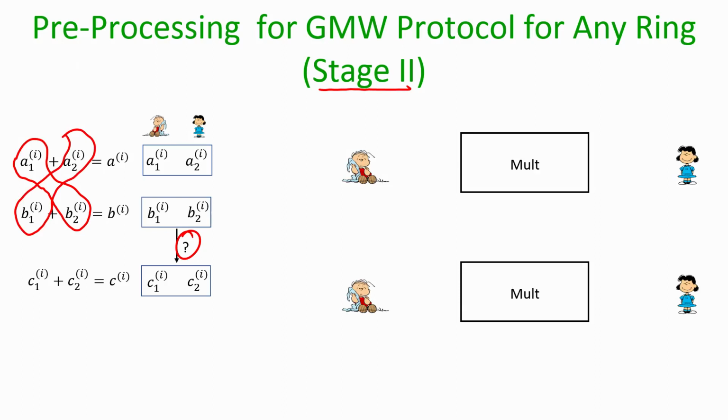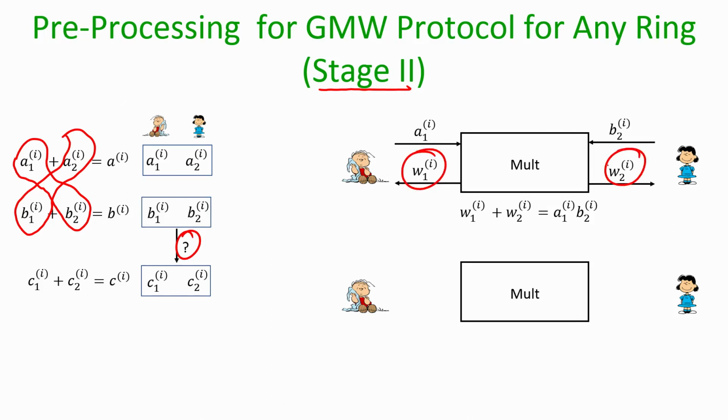Hence, the 2 parties run 2 instances of the mult protocol. In the first instance, they take care of the cross term A1 times B2. For that, they respectively participate with inputs as the shares of A and B. Assuming that the mult protocol is secure, it will produce random shares of A1 times B2 for them. And in the second instance of mult, they participate with the shares of B and A as their respective inputs.